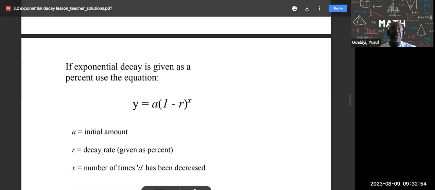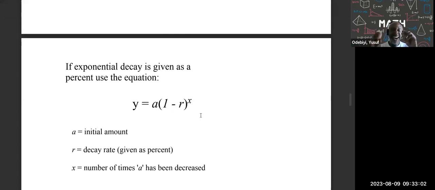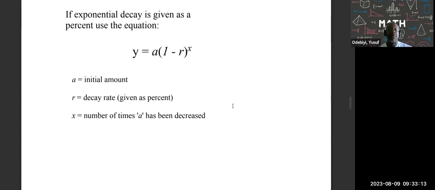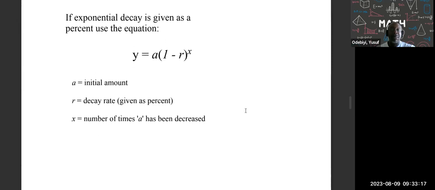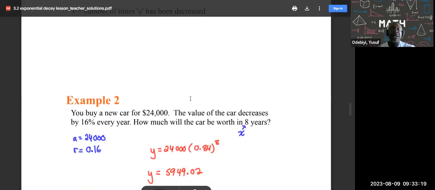If that's the case, you have a decay rate, which is R, and you basically use this equation.